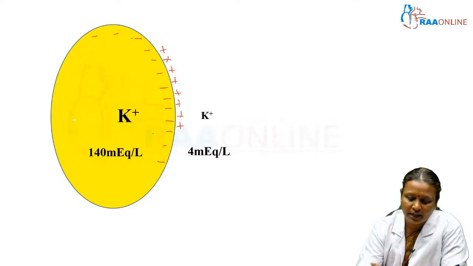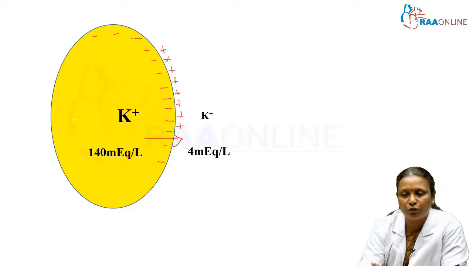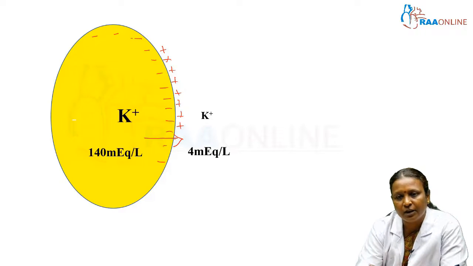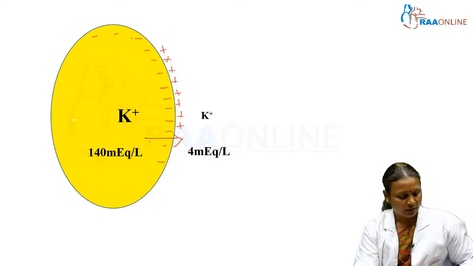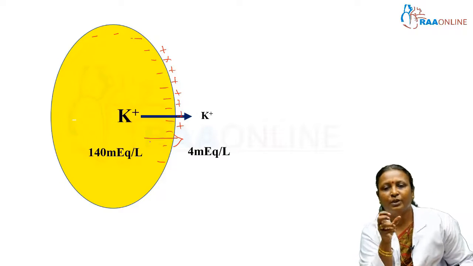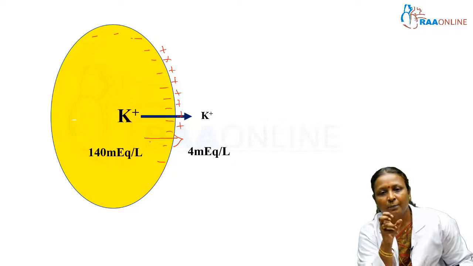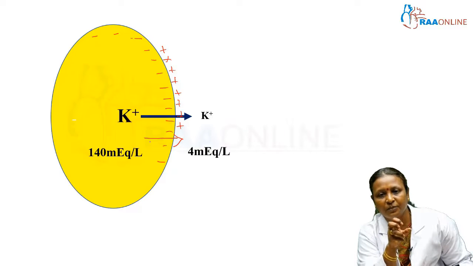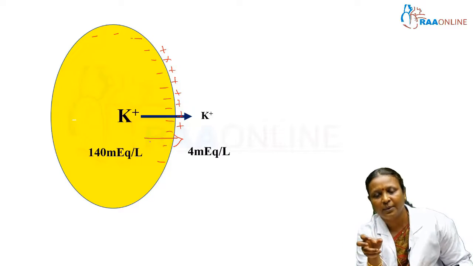The concentration gradient will favor the movement of potassium from the intracellular to the extracellular compartment. But the intracellular potential is negative. Inside the cell, there are more negative charges which will try to hold back the potassium ions. So, the potassium is trying to move based on the concentration gradient from the intracellular to the extracellular compartment, and the electrical gradient is going to oppose this movement.